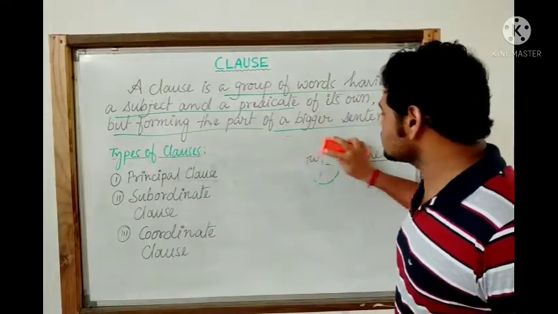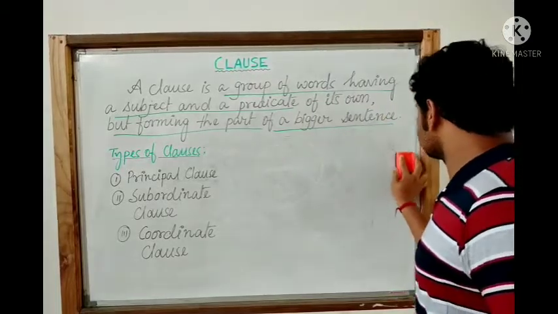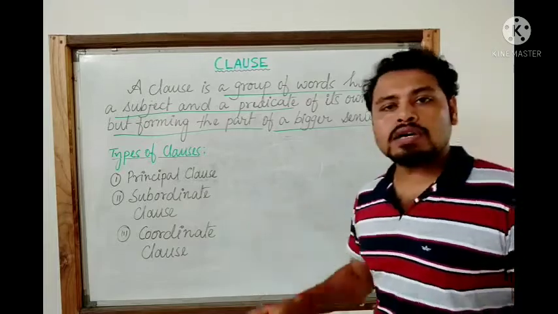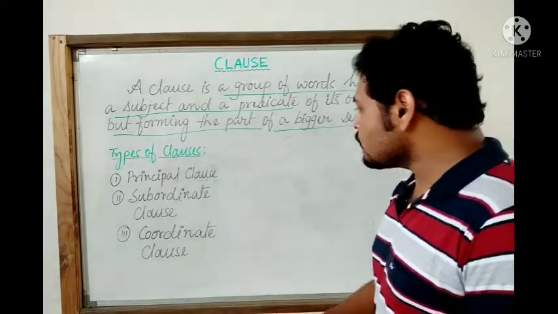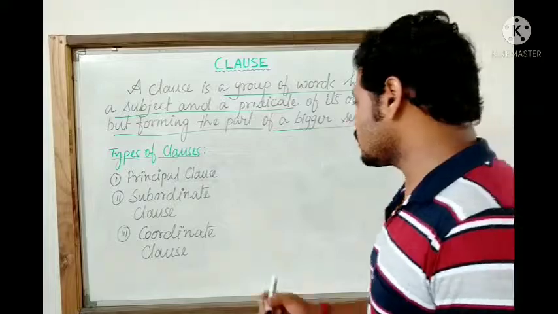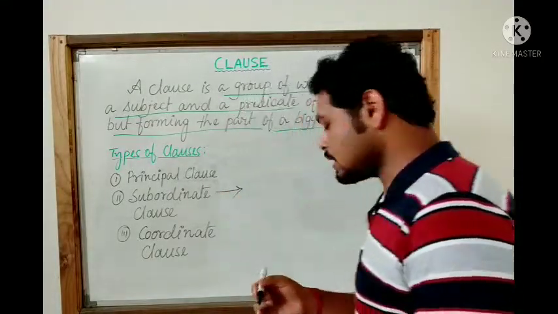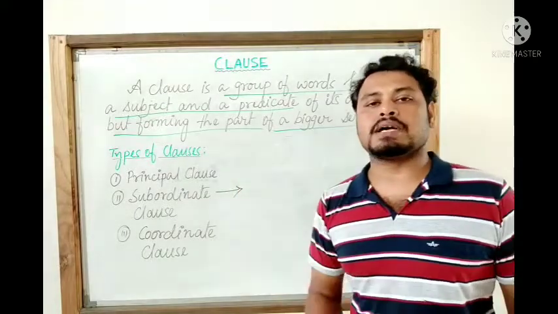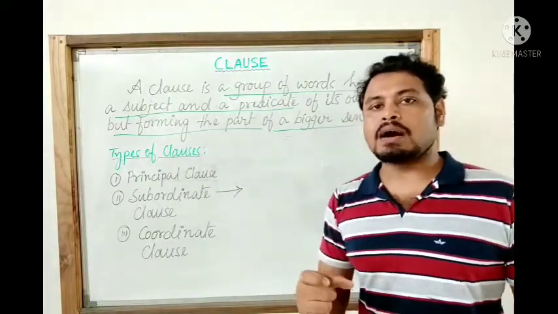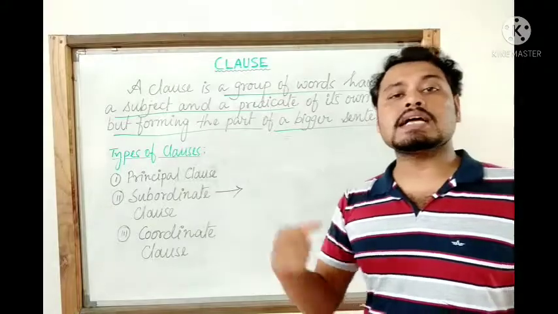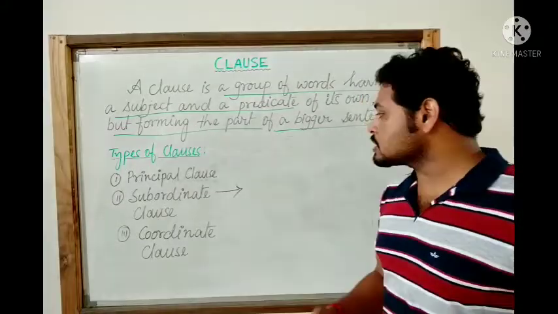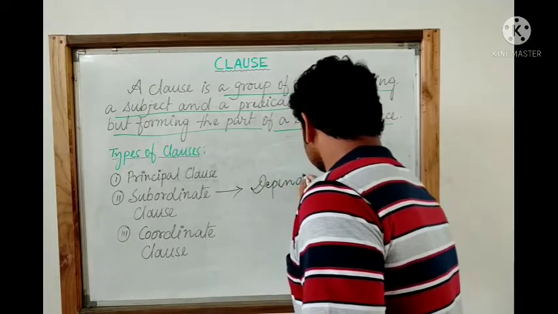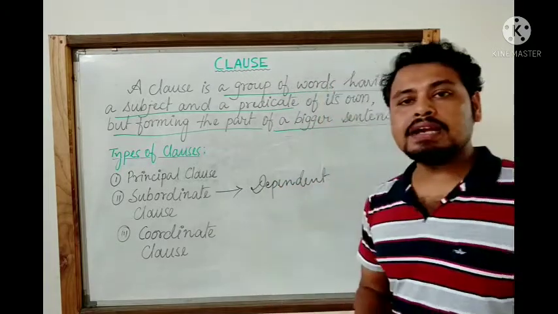After principal clause, we have the subordinate clause. When we say subordinate, that means this is working under something or somebody. This is not working as principal. You can also say it is a dependent clause.